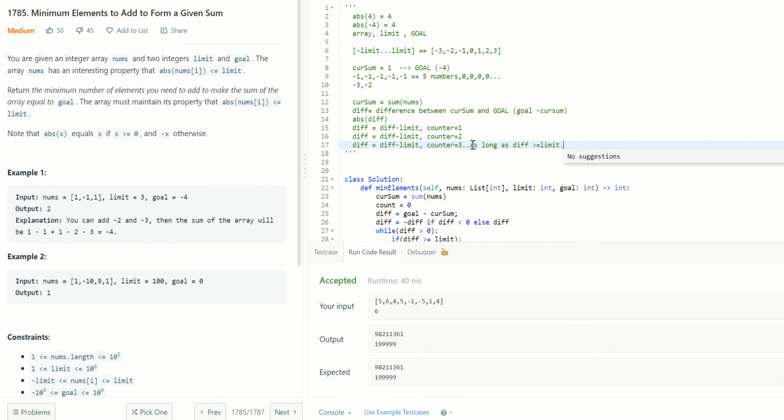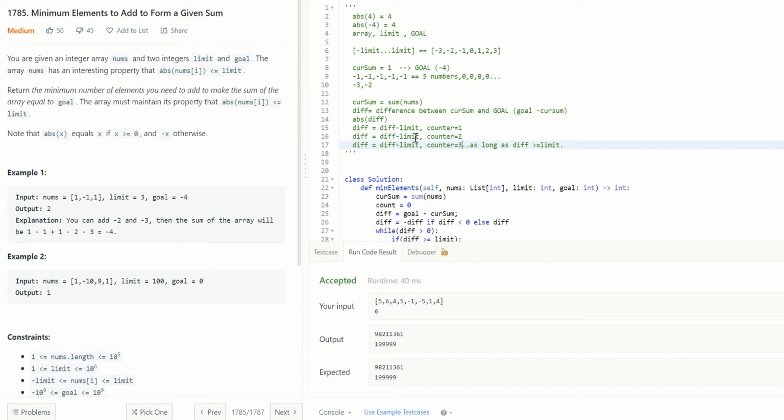If diff is less than limit, obviously we cannot subtract limit from the diff. Here, the limit is always a positive number. So what we are essentially doing is subtracting this positive number limit from the diff so many times, and as and when you subtract, you increment the counter.